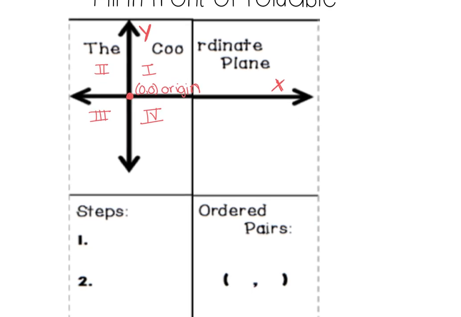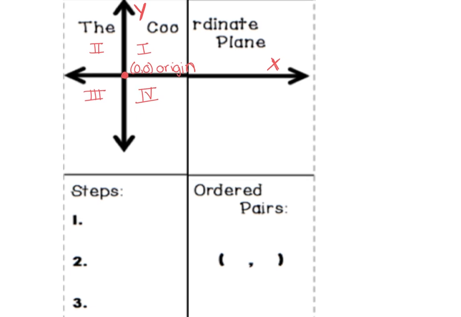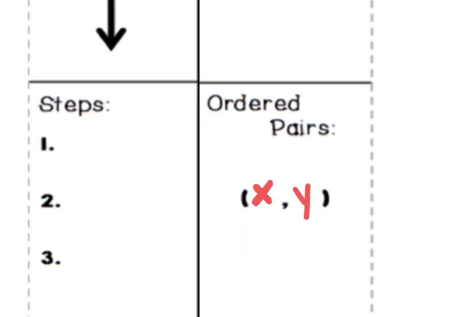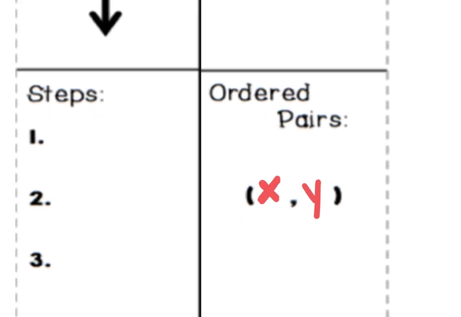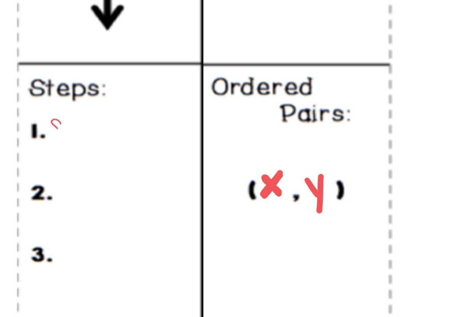All right, on the bottom of the front, we're going to label that our ordered pairs always go x, comma, y. So our x value is always first. Our y value is second. And then we're going to fill in this steps tab. For step 1, we are always going to start at the origin. So every single time we are graphing a point, we need to reset and go back to that middle point, the origin.